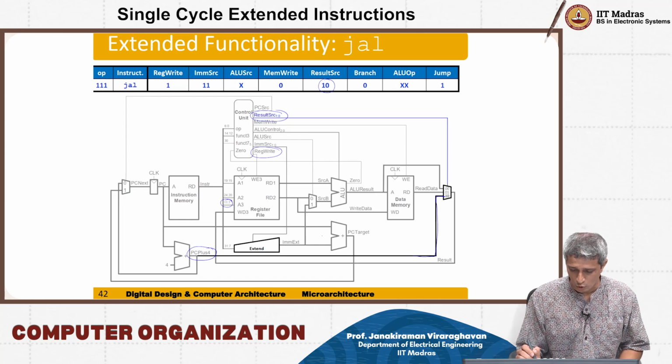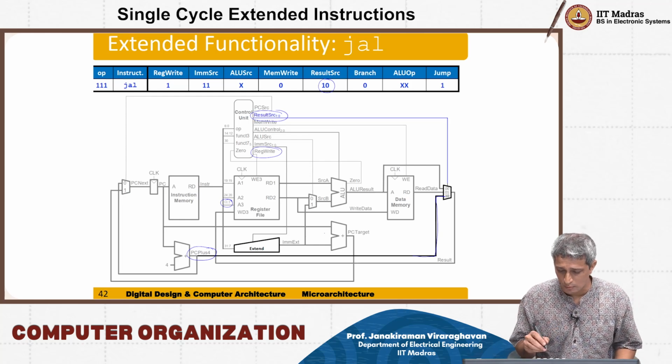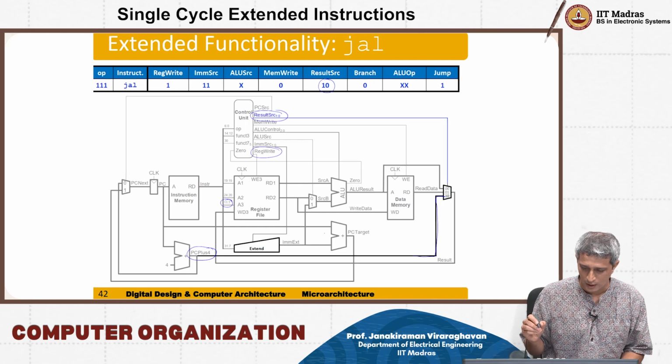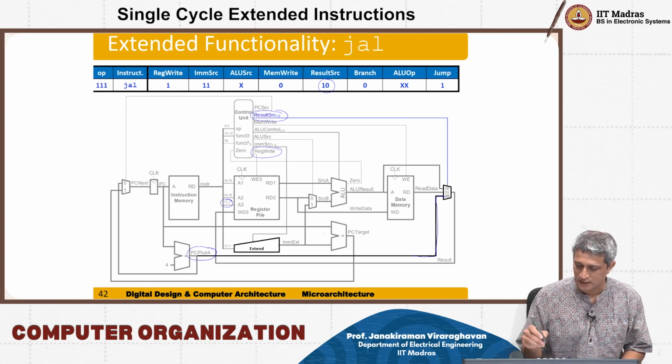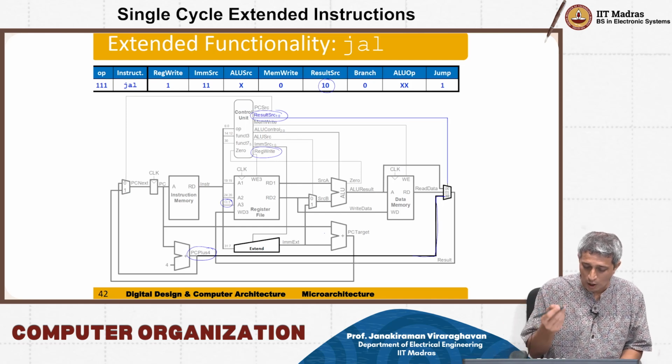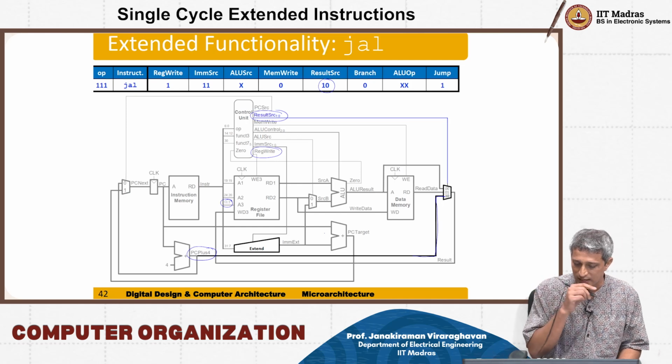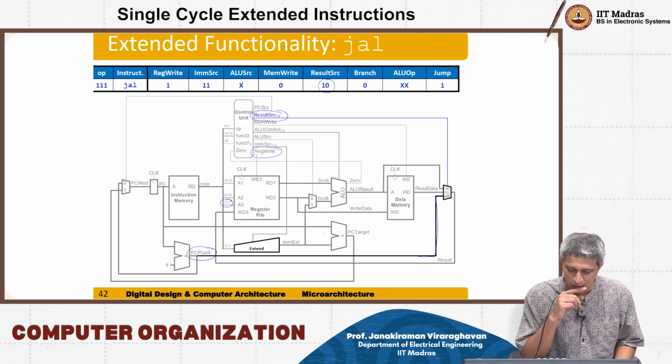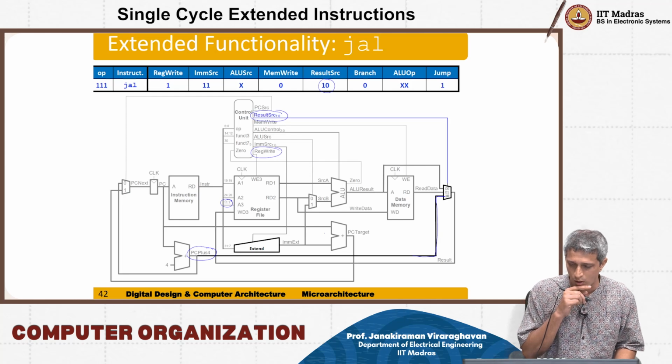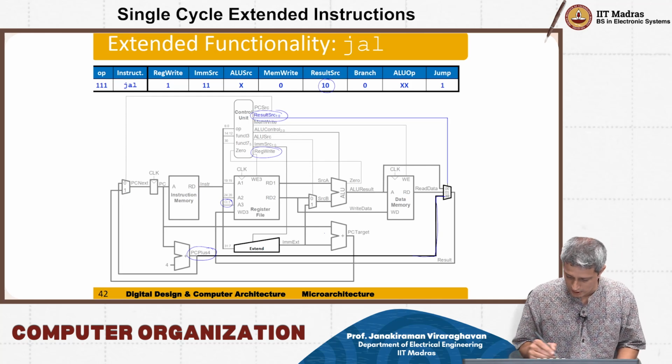And then what we are going to do now is, based on my jump, I am going to essentially determine what the PC next is going to be. So the PC source is obviously going to be some 1 here.